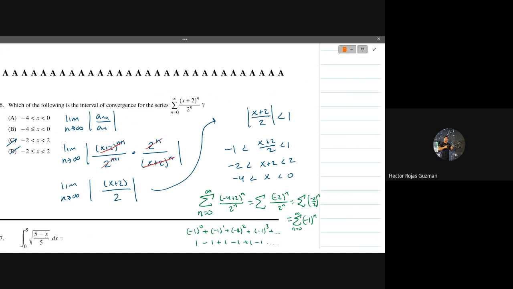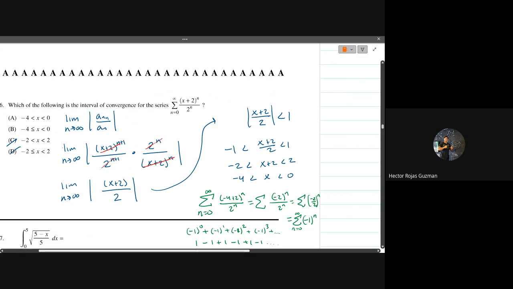So our series is never approaching a certain value. It's going from 1 to 0 to 1 to 0 to 1 to 0, right? Because we're actually adding these values. So it diverges. So negative 4 is not included. The answer is A.